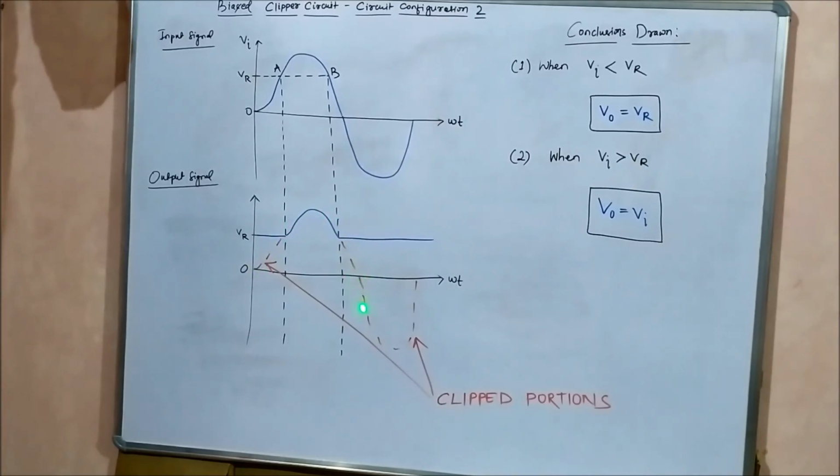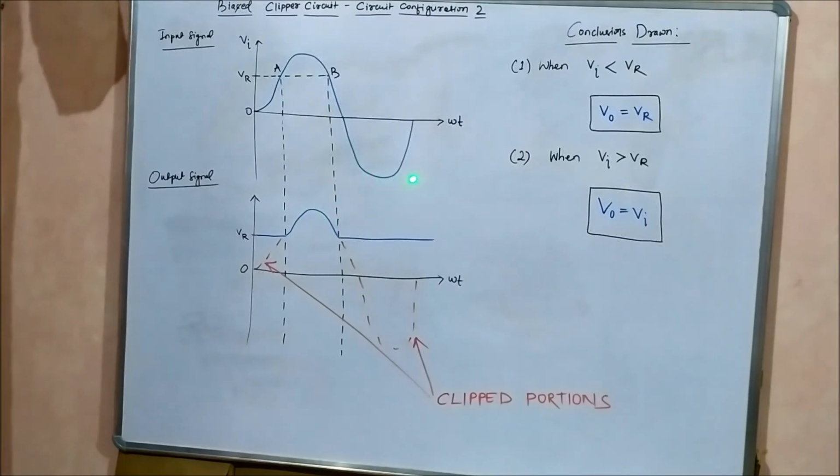The negative half cycle can either be completely present or completely absent. In the previous circuit, circuit configuration 1, the negative half cycle was completely present, but changes were happening only in the positive half cycle. Here also the changes are happening only in the positive half cycle. The top portion is retained, the bottom portion is removed. So this circuit, circuit configuration 2, is a positive bias clipper, because changes to the signal waveform have happened only in the positive half cycle.